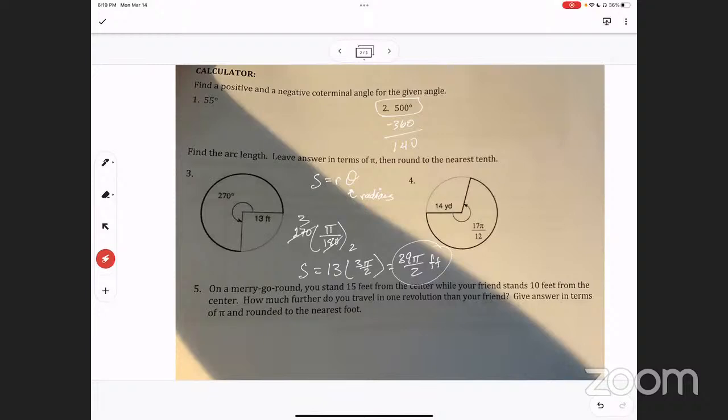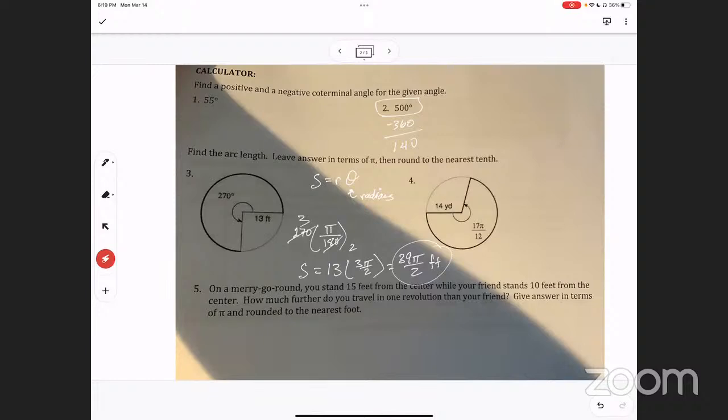And hey, you know how you know? Because 13 and 3 are both prime, so you can't break it up. If you could have canceled this out with the 2, you would have canceled it here. Wait, does prime just mean there's no factors? Prime means there's no other factors besides one and itself. Yep. Okay.